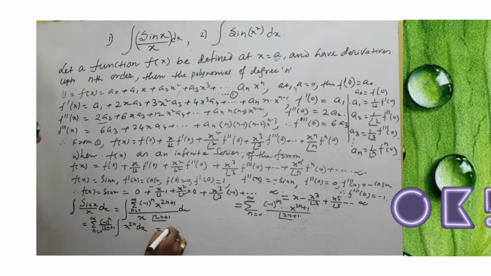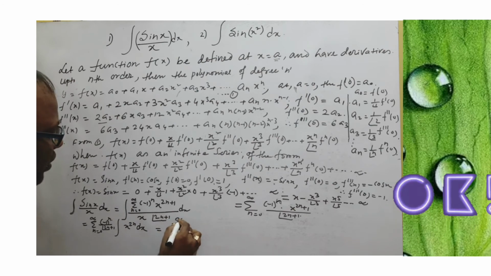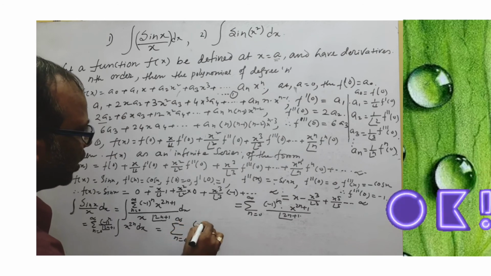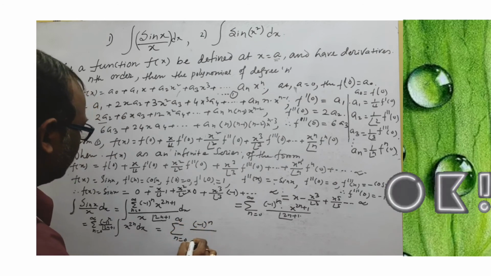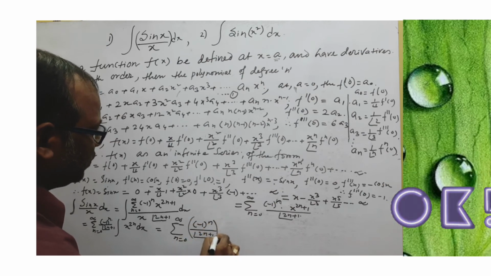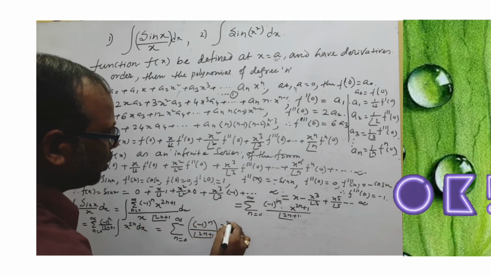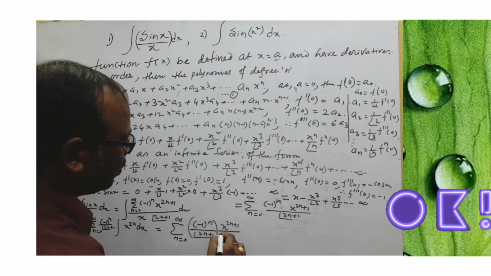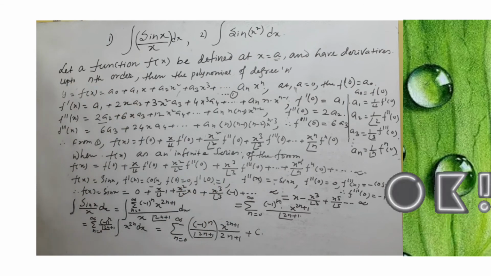It can be written as the summation from n equal to 0 to infinity of minus 1 whole to the power n, whole divided by factorial 2n plus 1, into x to the power 2n plus 1, whole divided by 2n plus 1, plus c.